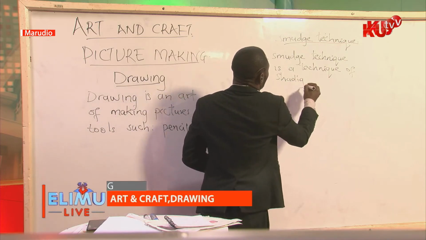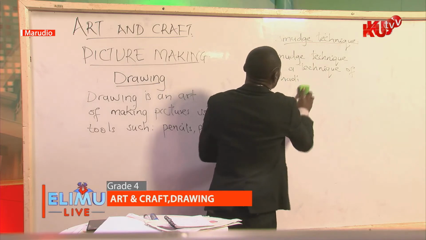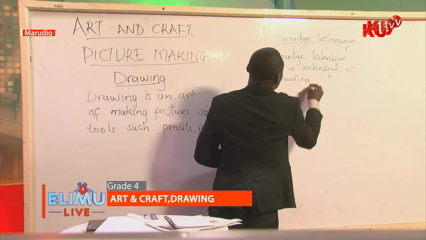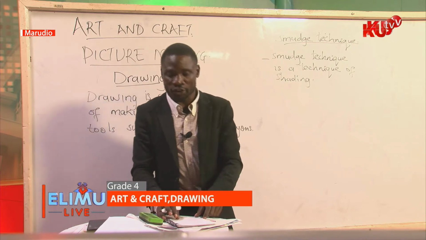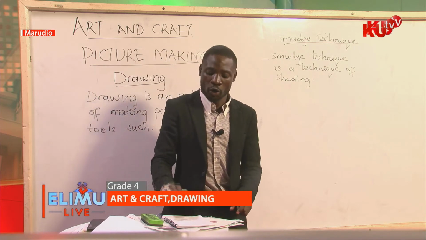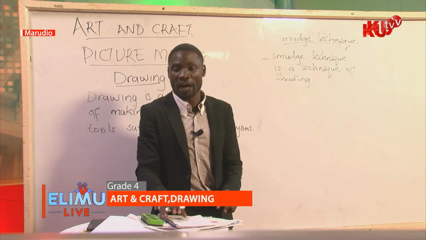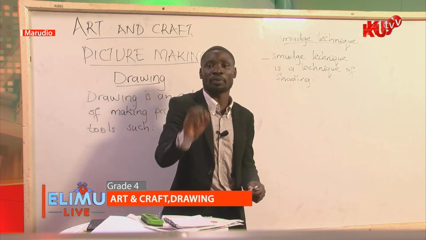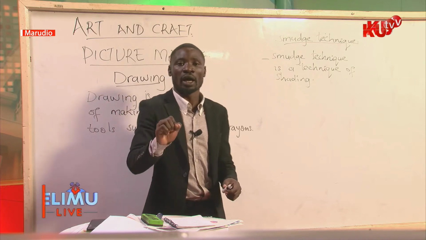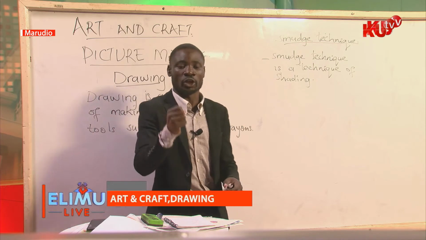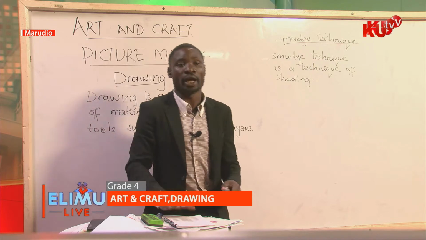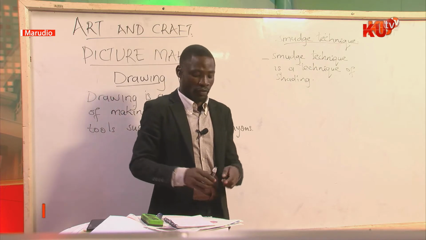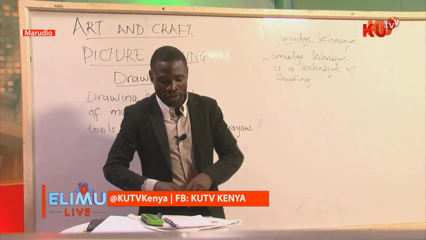Smudge technique is a technique of shading, creating pictures by shading. Shading is first done on a piece of paper or any surface. Then after that you use a soft paper, like tissue paper or a piece of cloth, to smear or spread the shading that you have done on a surface.